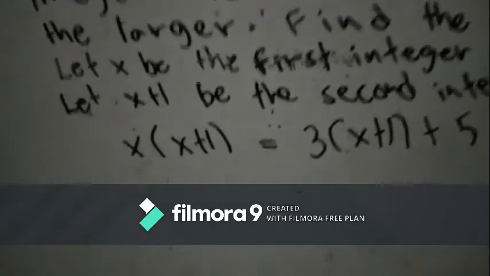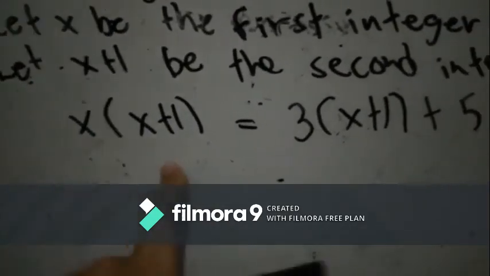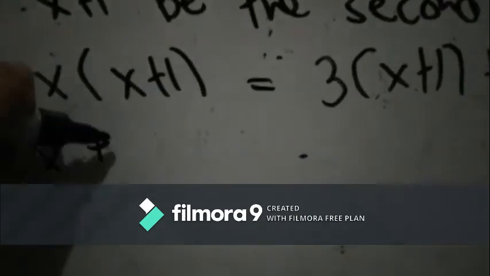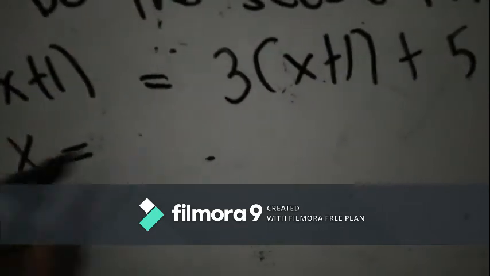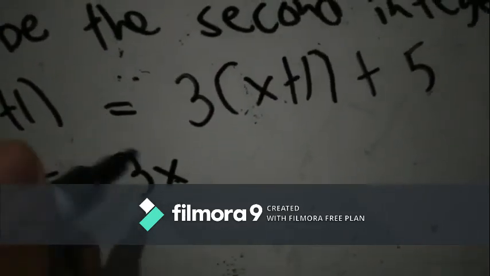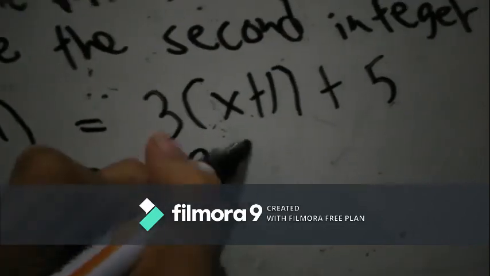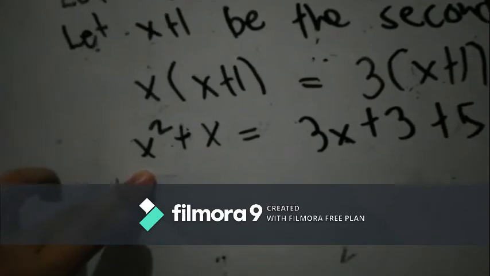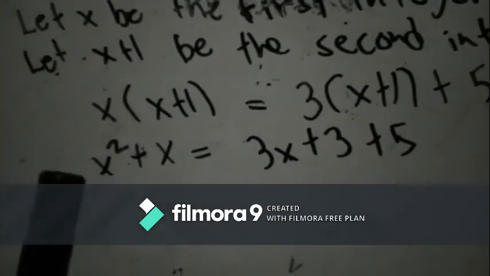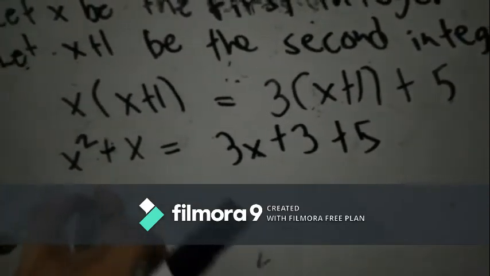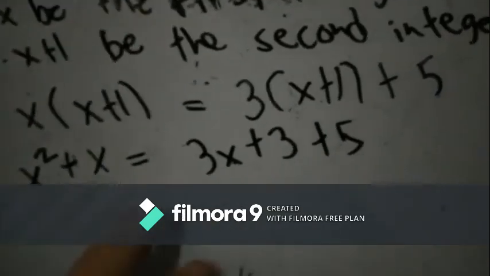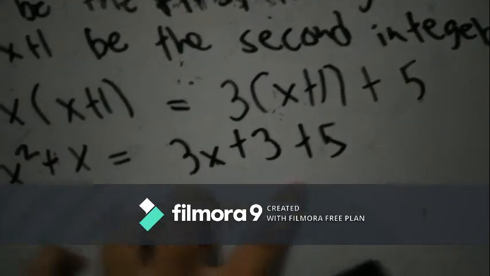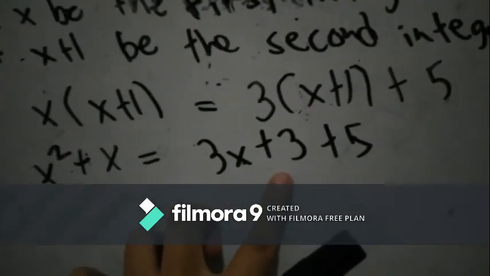Then if we use the common monomial factoring, it will become x squared plus x, and then 3x plus 3 plus 5. So we have a quadratic equation here, which is x squared, and to make it zero on the right side, we should transfer this value to the left side.